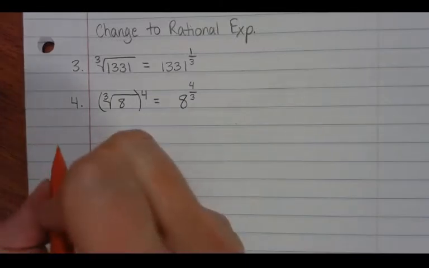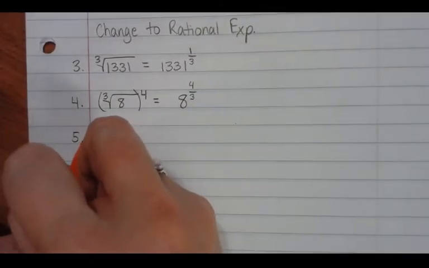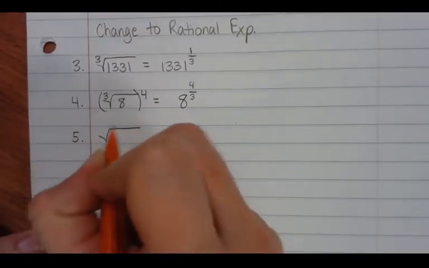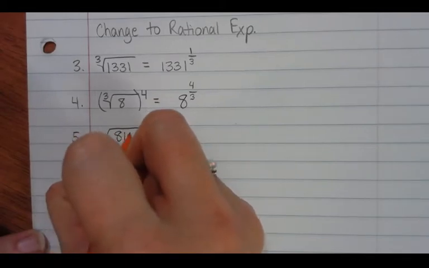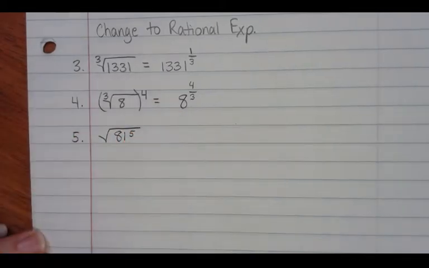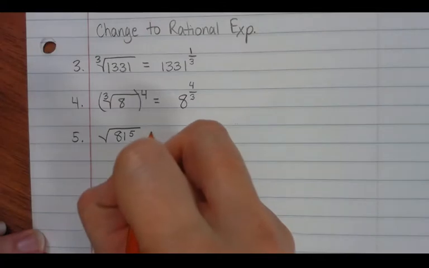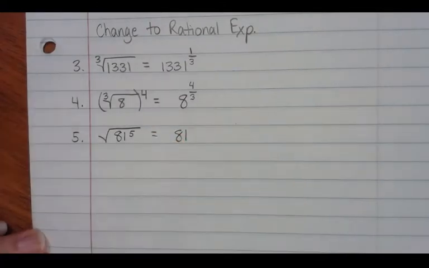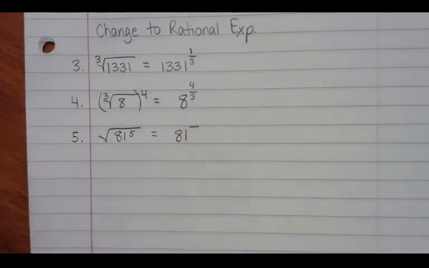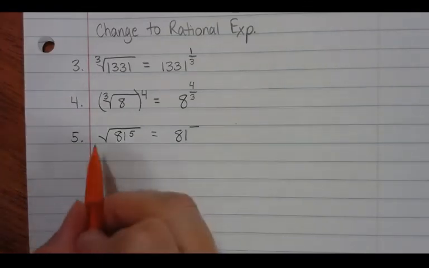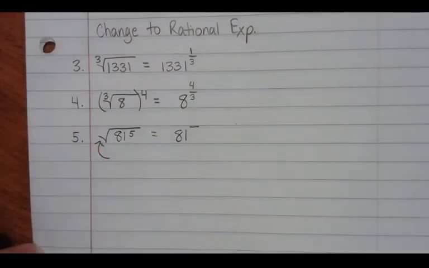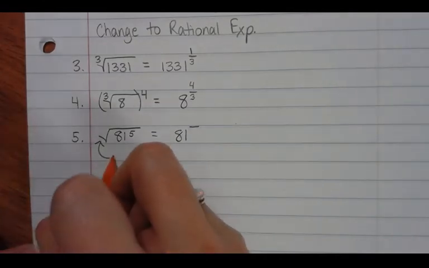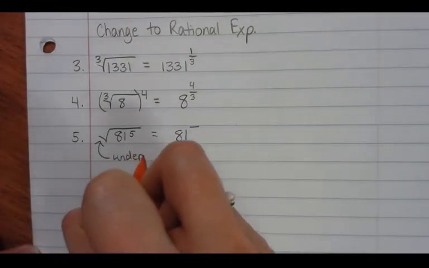Let's look at one more of this type. We have the square root of 81, and that is raised to the 5th power. So let's put our 81 as our base, and we want to set up our fraction bar for our exponent. Well, notice here, because we don't see an index number, it is an understood 2.